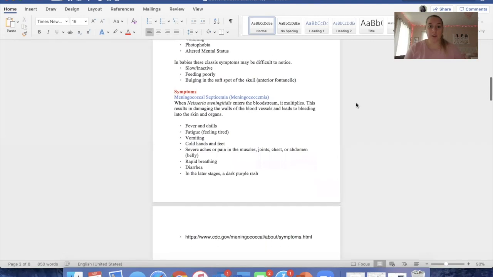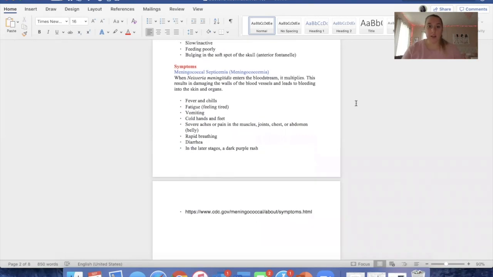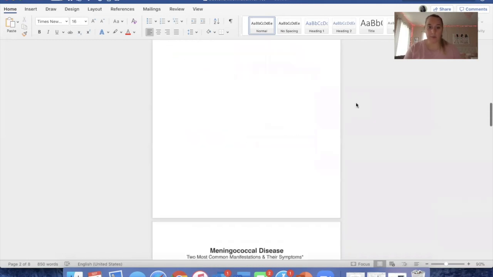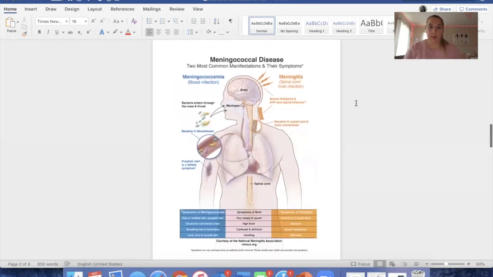These symptoms include fever and chills, fatigue, vomiting, cold hands and feet, severe aches and pains in the muscles and the joints, chest, or abdomen, rapid breathing, diarrhea, and in the later stages, a dark purple rash will be visible on the skin surface. This is a diagram comparing both types of diseases, and as you can see, the symptoms they both share are very sleepy and vacant, high fever, confused and delirious, and vomiting.